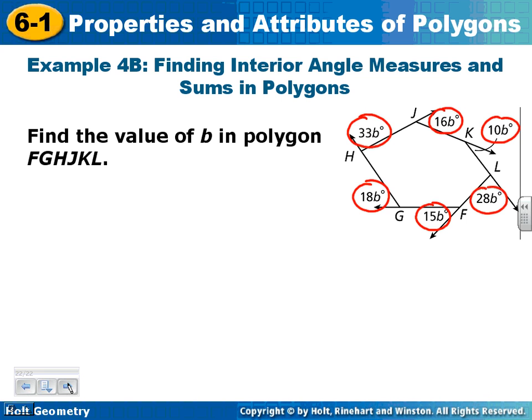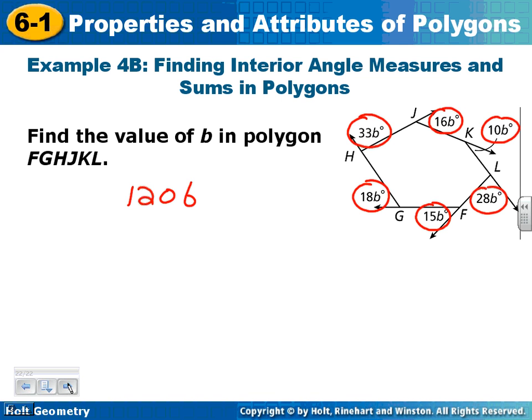If I add those together, I'm going to pick up my calculator and put in 33 plus 16 plus 10 plus 28 plus 15 plus 18. That comes out to be 120.